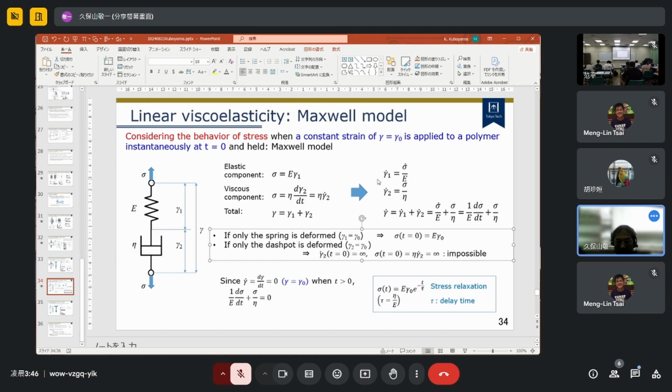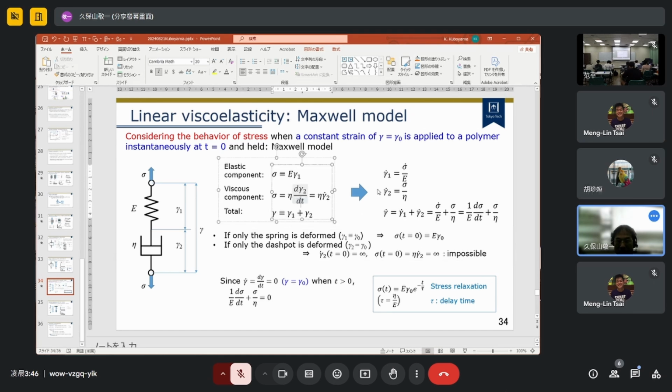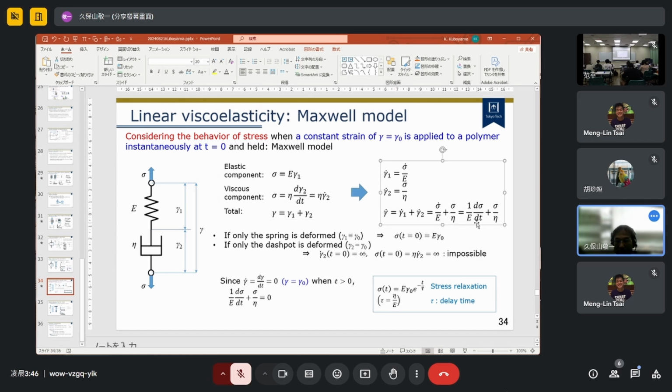And here, you can get this equation from them. But in this case, you should also think about the initial condition of the sample.